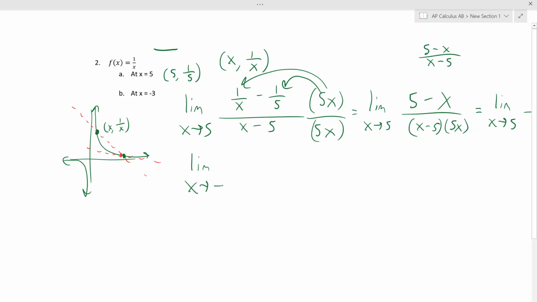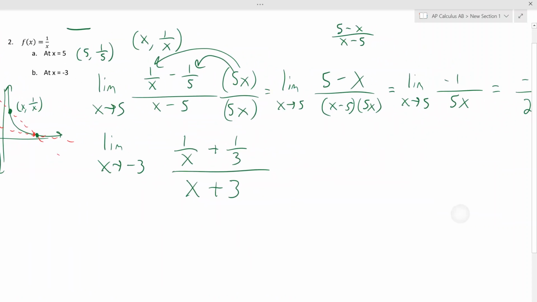The limit as we approach negative 3, because now we're doing this one. So the point at negative 3 is going to be negative 3 comma negative 1/3. So we're going to do the y value minus the y value, which is negative 1/3. So that becomes plus 3, right? Over the x value minus the x value. So x minus negative 3 is really x plus 3. And again, we'll do the same exact math, except now we're multiplying by 3x, because those are the denominators we want to get rid of.